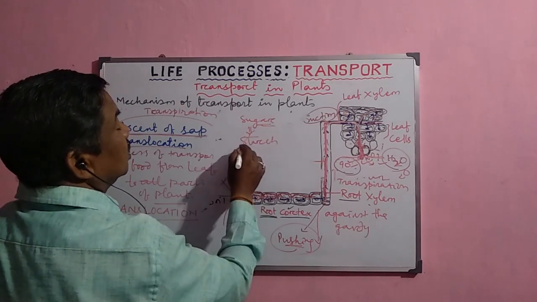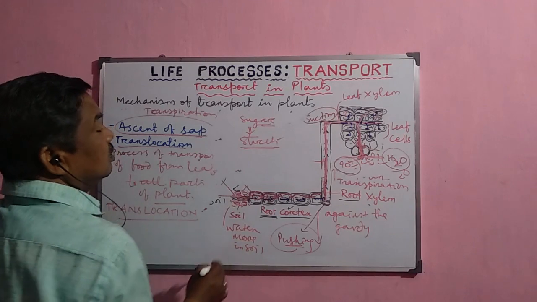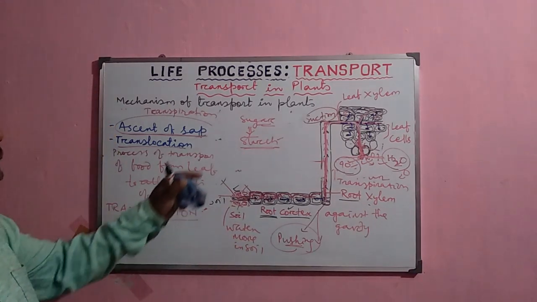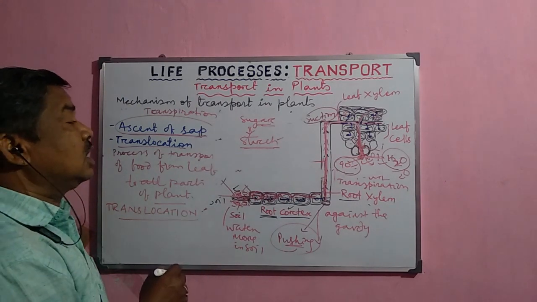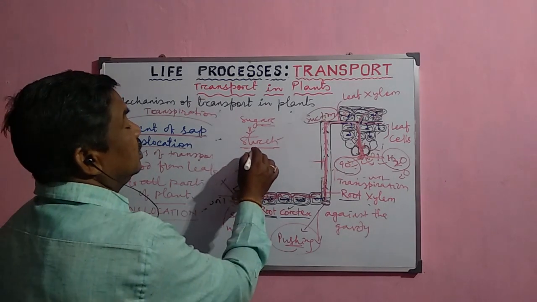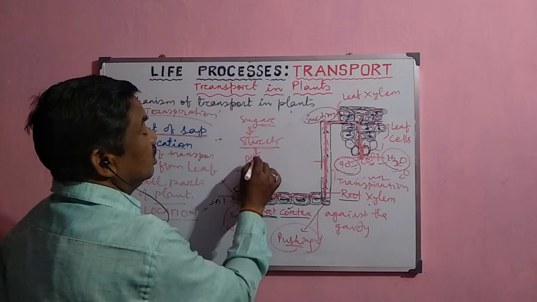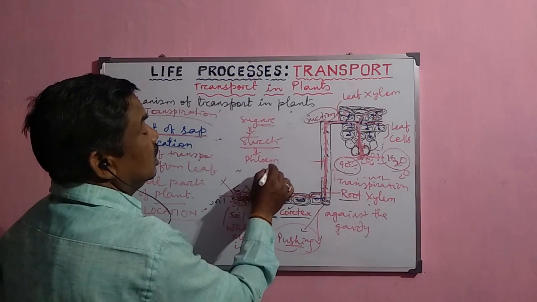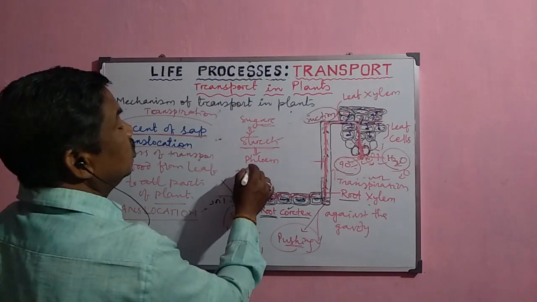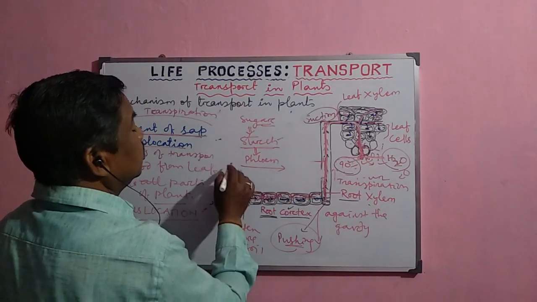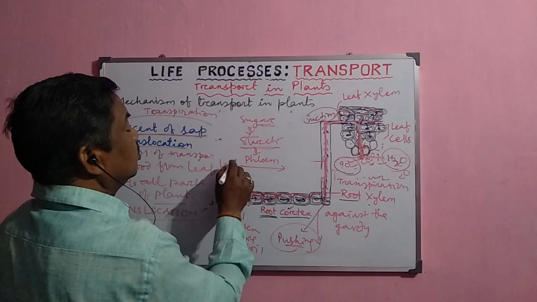Sugar is soluble in water and starch is insoluble in water. But after the formation of the sugar, it is converted into starch and enters into the phloem cell or phloem tissue.